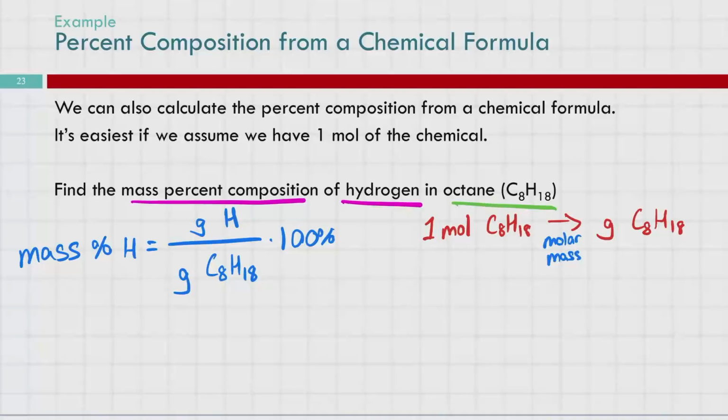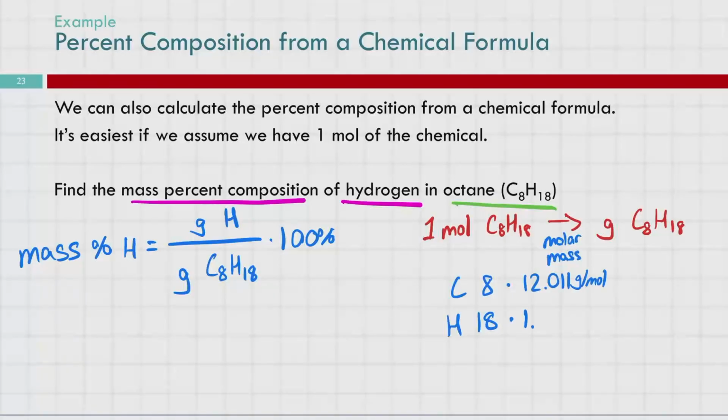We don't have the molar mass. This is where the periodic table comes in. So our octane, we've got carbon, there are 8 of them. We have hydrogen, there's 18 of them, because we pulled these subscript numbers. The 8 behind the carbon means that we've got 8 carbons. The 18 behind the hydrogen means we've got 18 hydrogens. Then we pull from our memory or look at our yellow sheet or another periodic table, and we find the numbers for the molar masses for those. For carbon, it's going to be 12.011 grams per mole.